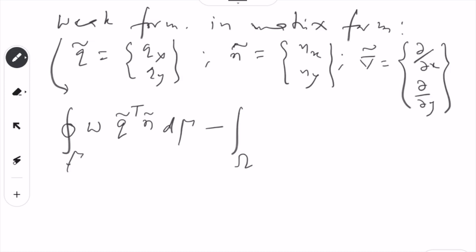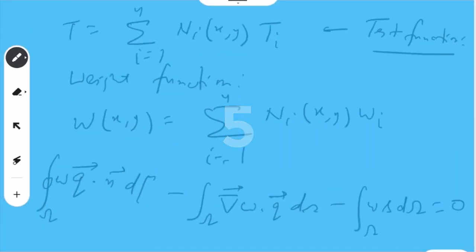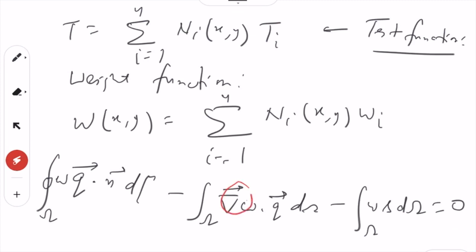So basically here we have to write del w means like this. Let us look here. So we have del w dot this one, okay. So we have to write del w over del x, del w over del y basically, and then after that we are going to multiply it by this one, okay.